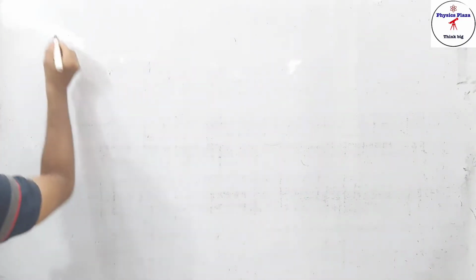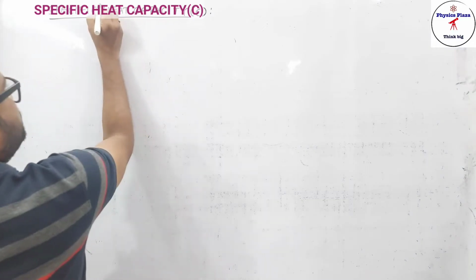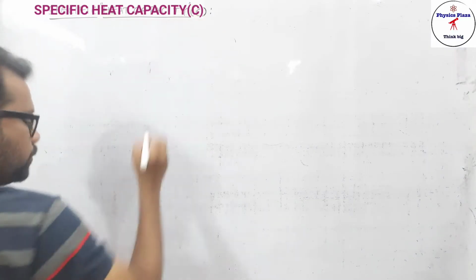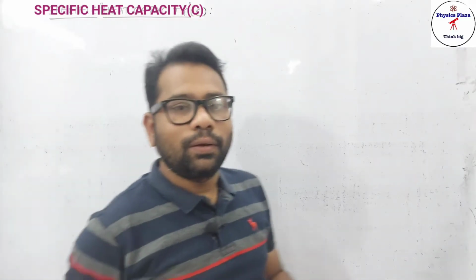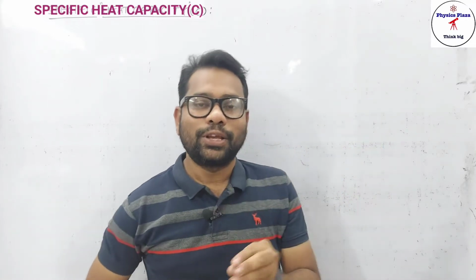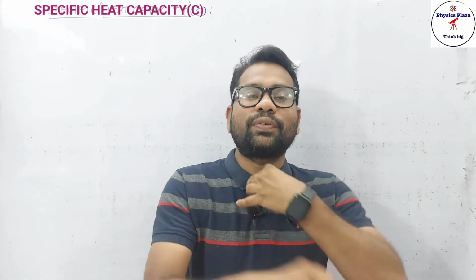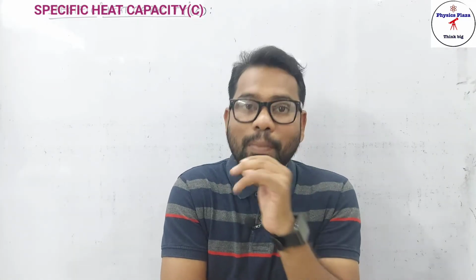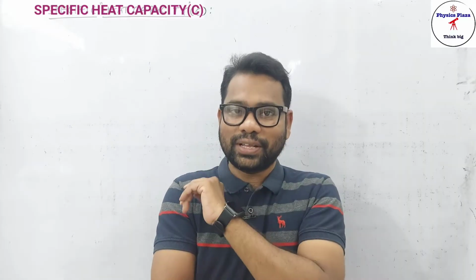So, till now we discussed heat capacity. Heat capacity for a unit mass of a substance is called specific heat capacity, which means we are specifying the mass, unit mass we are taking.